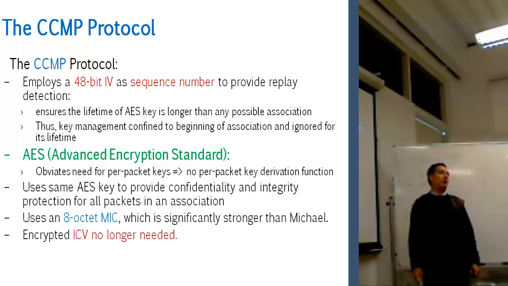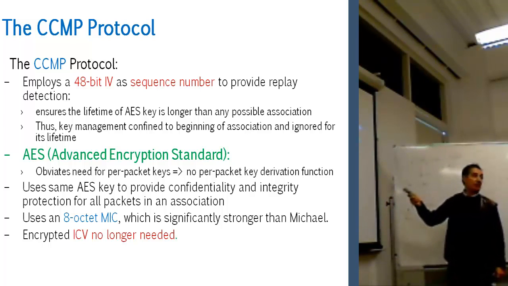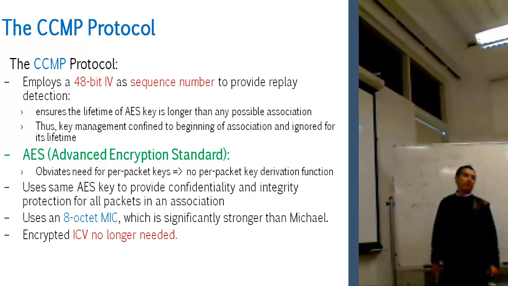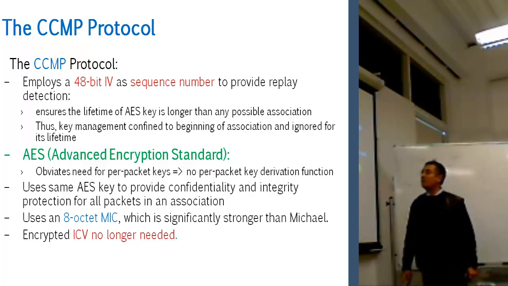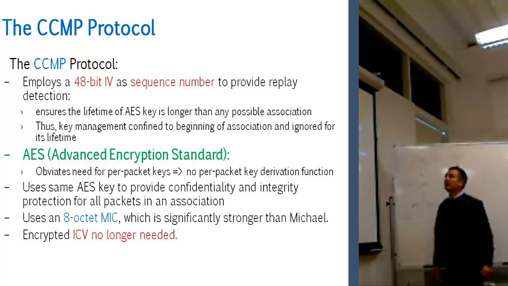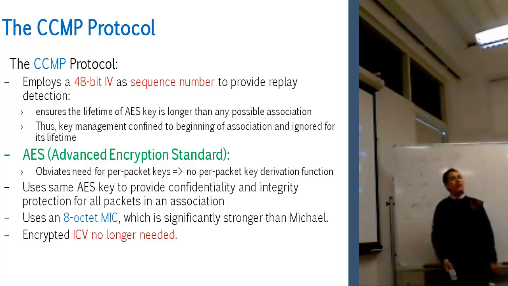IV size is 48 bits, and this serves as the sequence number and provides replay detection. It ensures the lifetime of the AES key is longer than any possible association, and key management is confined to the beginning of the association and ignores this lifetime. They are using AES, and we don't need a per-packet key. Right now, we are just generating the key, and we are using the AES key as the packet key anyway.